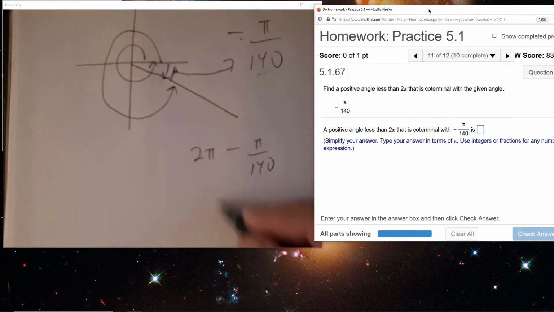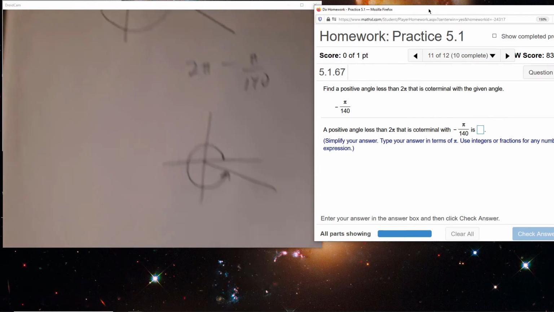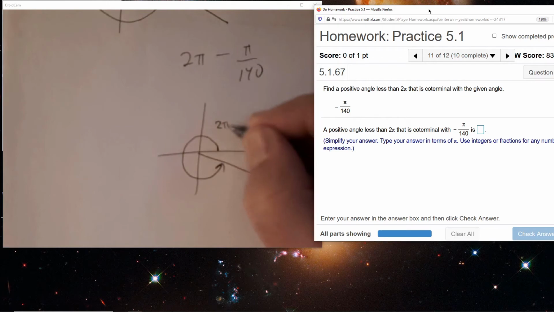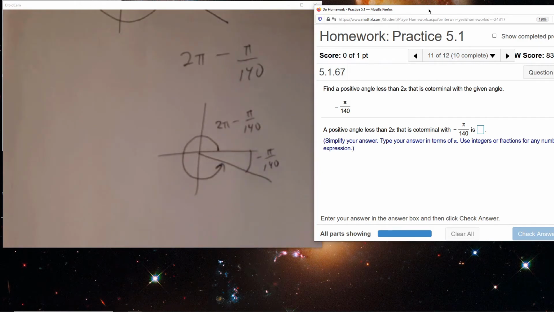So this angle here is 2 pi minus pi over 140. Because this little minus angle is the minus pi over 140 part.